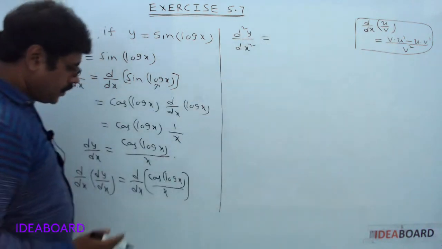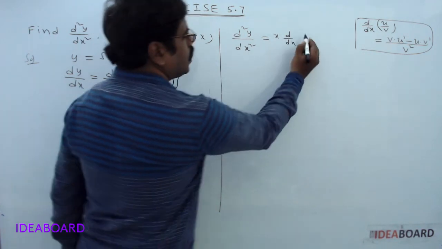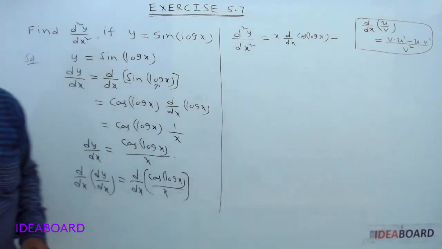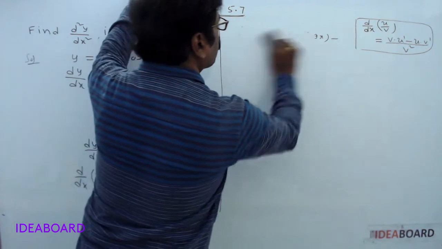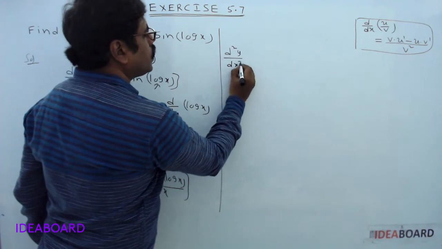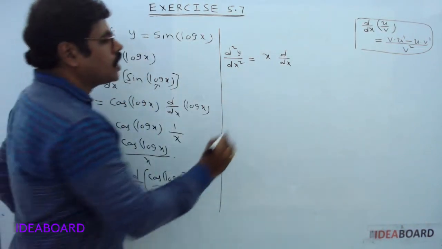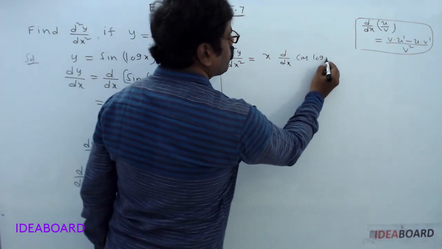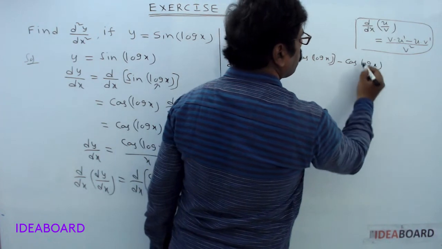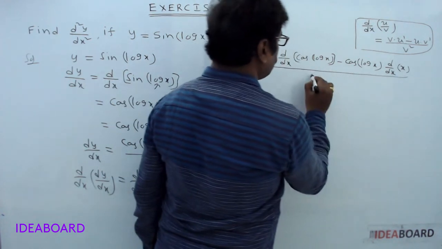Now apply that formula. d square y by dx square is equal to x into d by dx of cos of log x, minus cos of log x into d by dx of x, divided by x square.